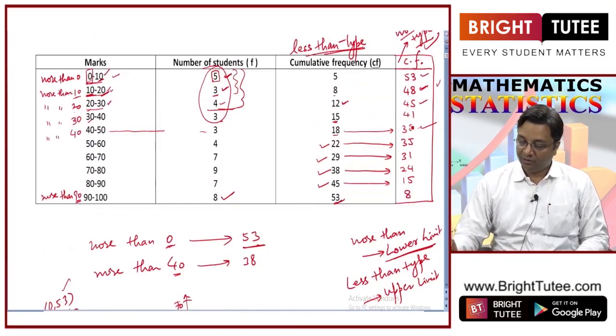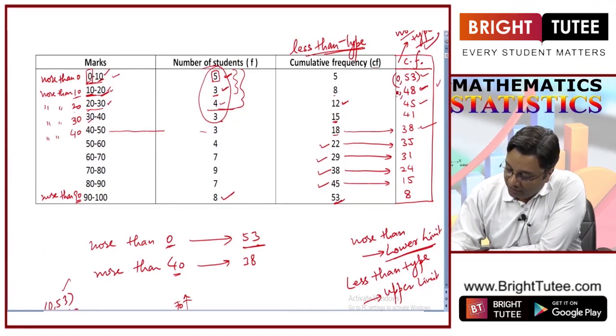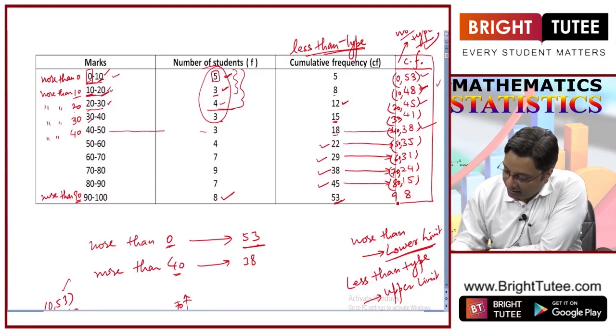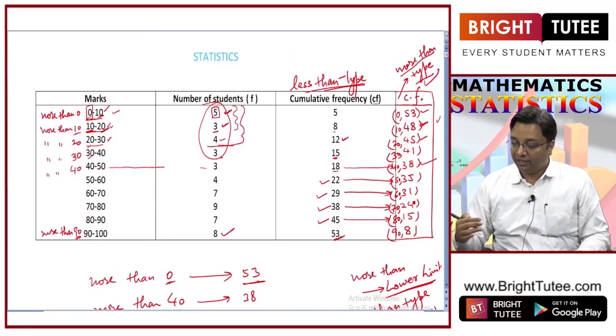So, if I write the coordinates here itself, that will make it simpler. 0, 53 is a coordinate, 10, 48 is a coordinate, 20, 45 is a coordinate, 30, 41, 40, 38, 50, 35, 60, 31, 70, 24, 80, 15, 90, 8. So, these are the coordinates for my more than type cumulative frequency distribution.